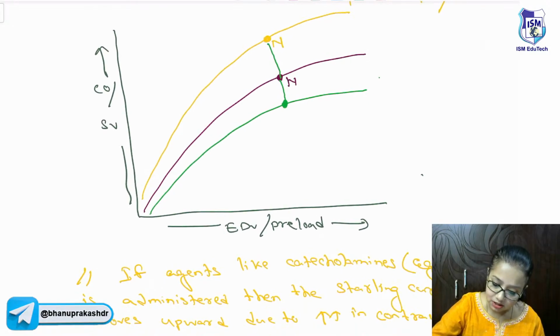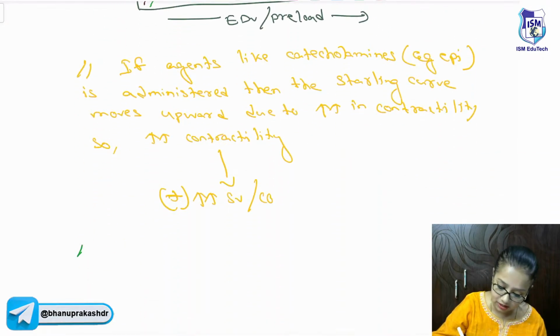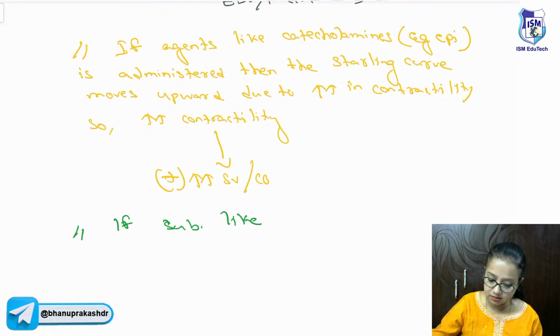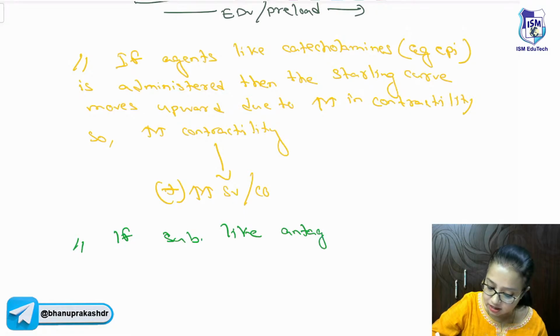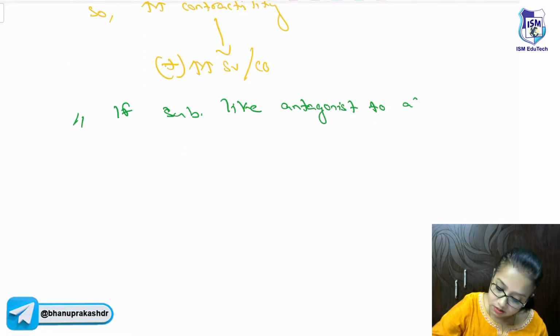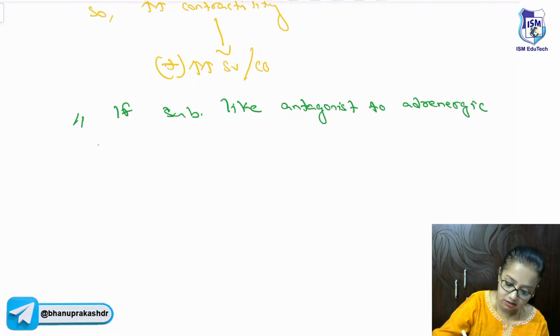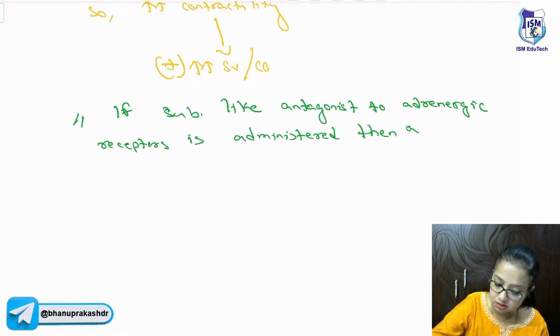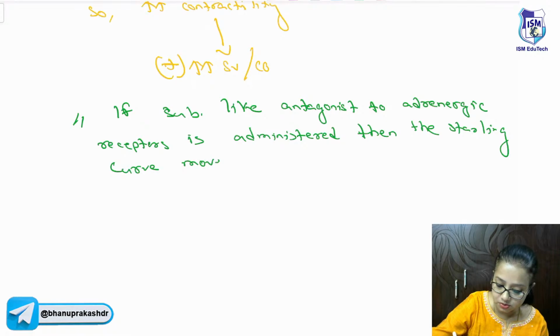So here the contractility is decreased. Now, for example, if a substance like an antagonist to adrenergic receptors is administered, then the Starling curve moves down.